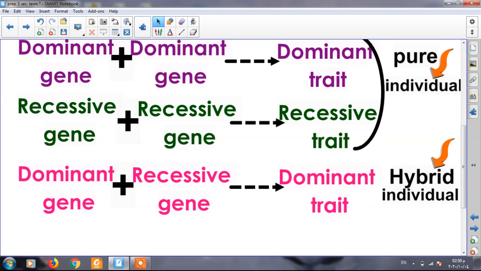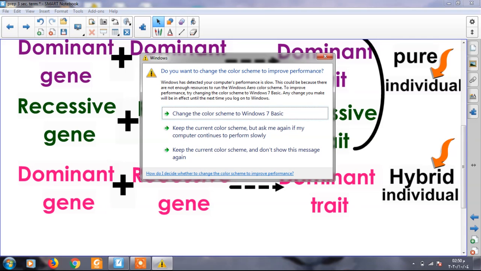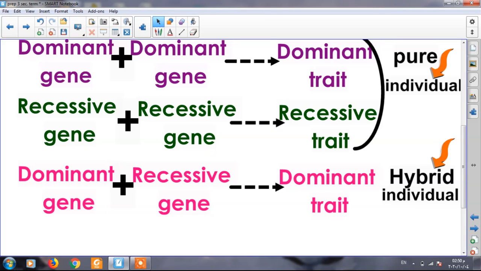Because if a recessive gene is collected with a dominant gene in the same trait, in this case the dominant gene overcomes the other by its strength, so it becomes a dominant trait. So a recessive trait forever consists from two recessive genes. So forever it becomes pure, not hybrid. So dominant may be pure, may be hybrid.